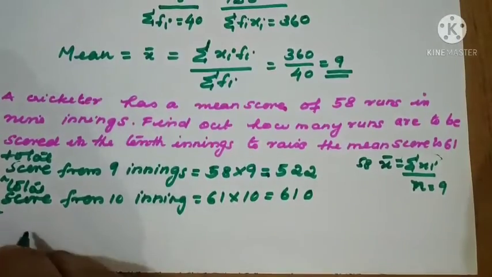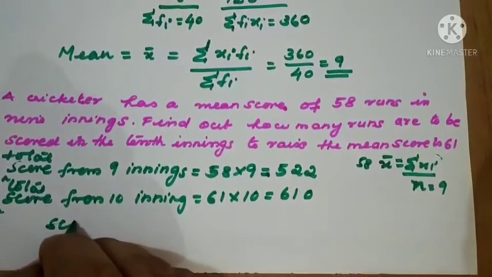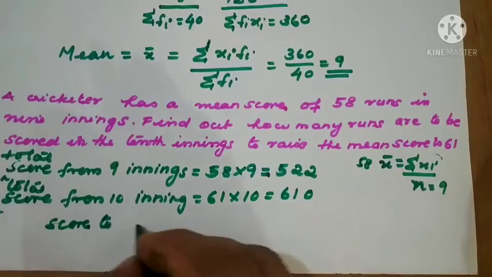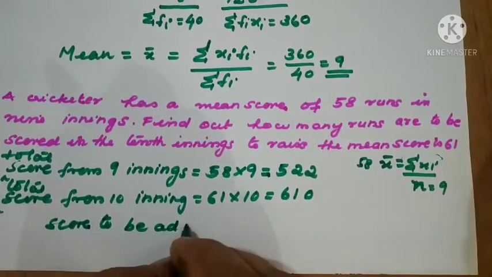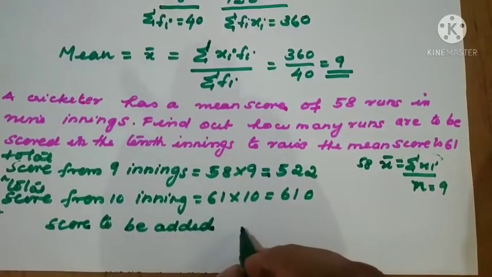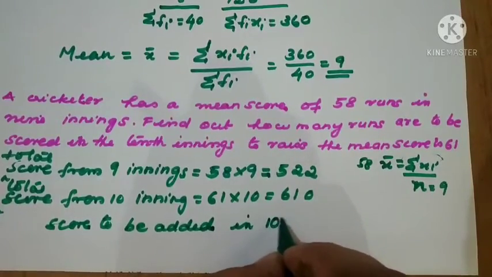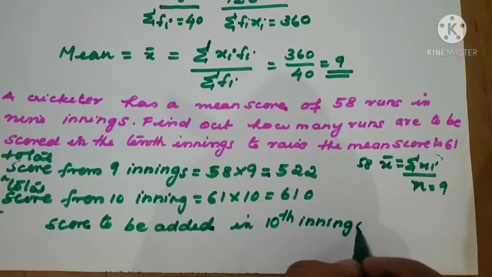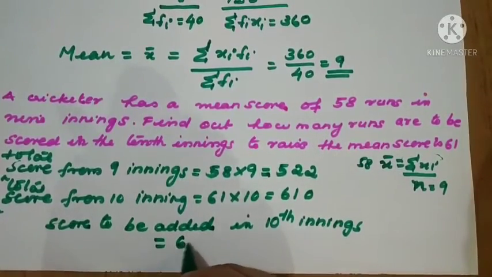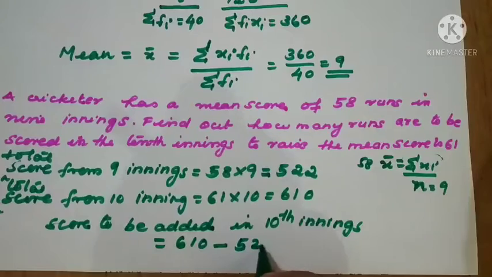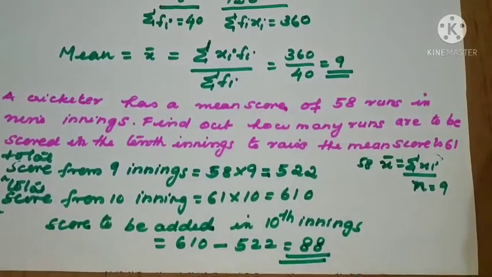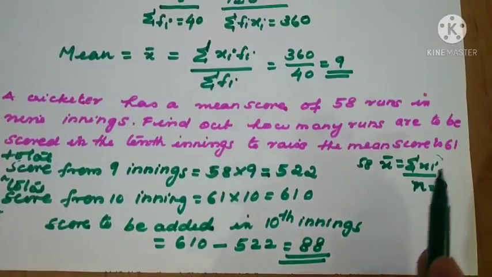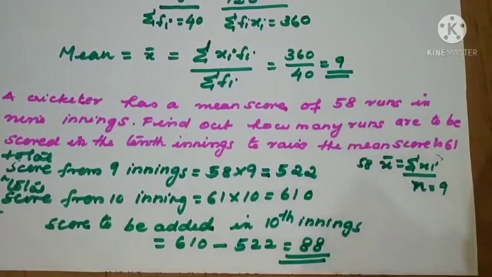So the score to be added in the 10th innings equal to 610 minus 522 equal to 88. So he should add 88 runs, then only his average will become 61.